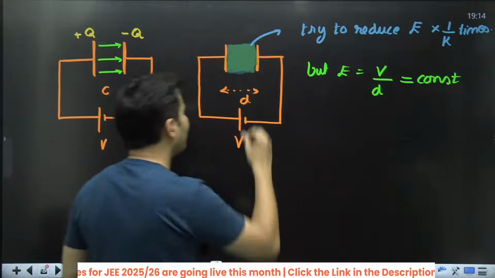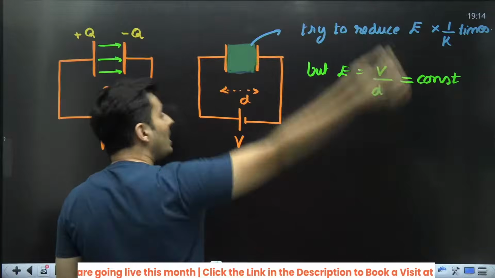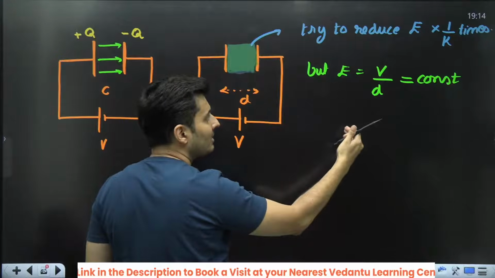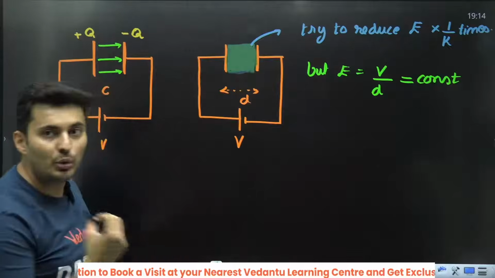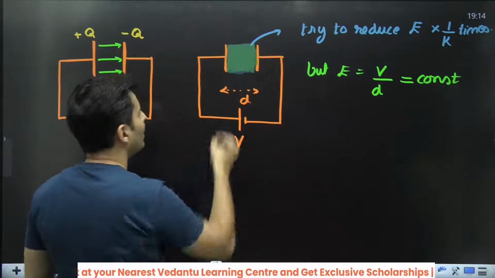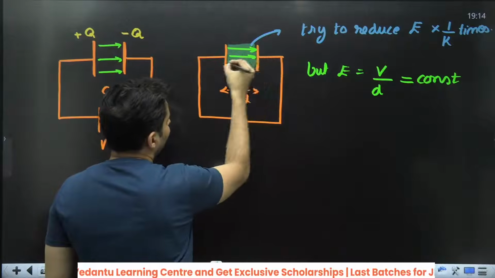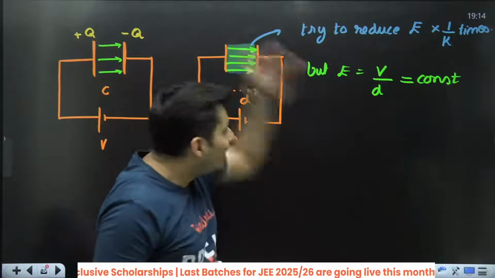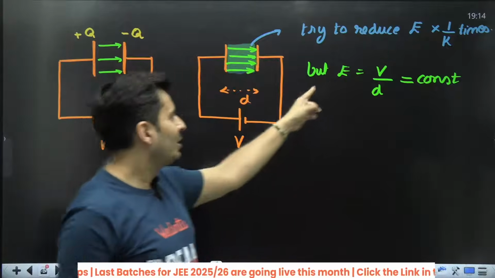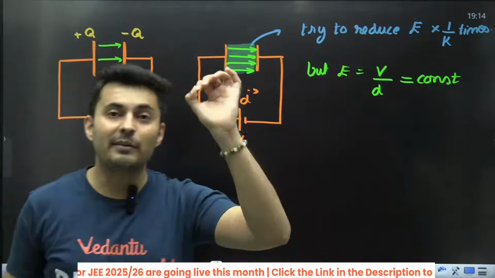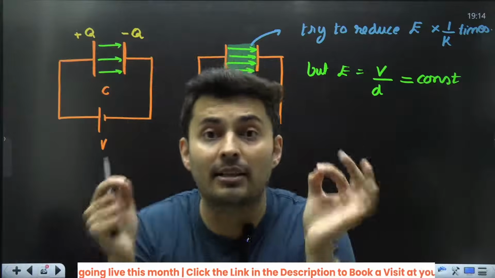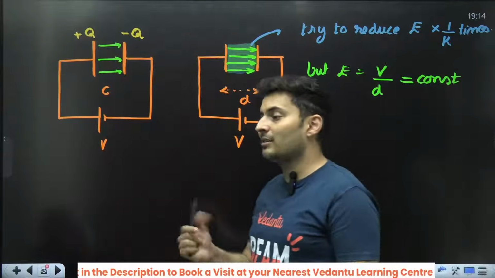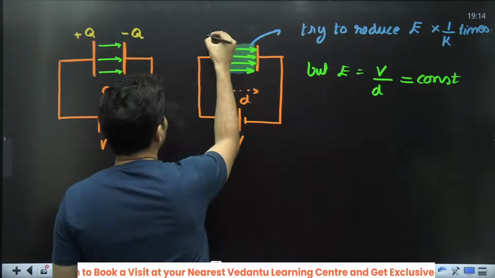Actually, think if this slab was not there, maybe it would have been many more times, but it reduced 1 by k times to become this new electric field, which is still the same as before. So ideally, the electric field should have increased, to reduce it k number of times so that it still remains as V by D. And this external field can increase in only one particular way, by increasing the charge.